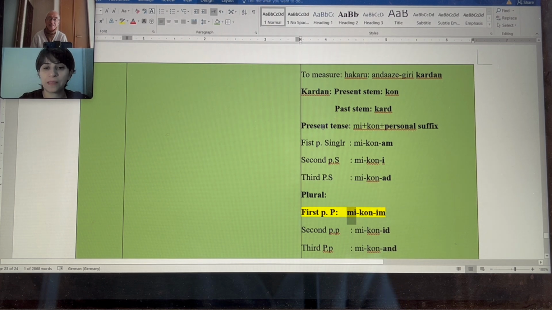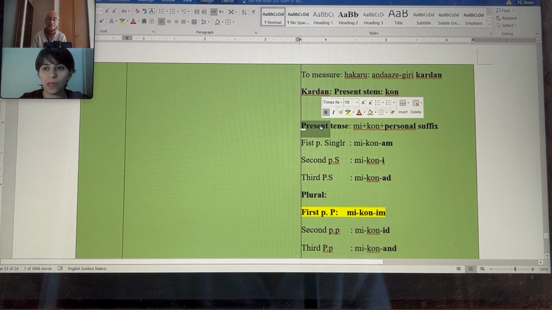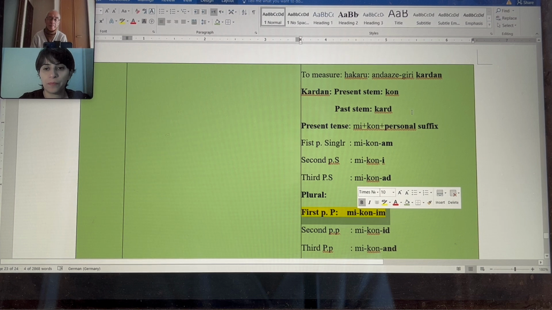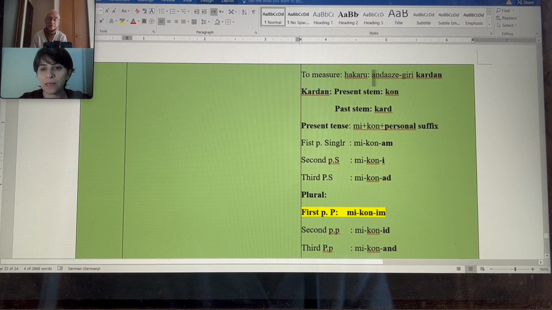This is the present. Ima no jikan. Right? Ima kara no jikan. So, mikonim. This andaze-giri kardan is the dictionary form. Jidoshi. Jidoshi, that's what you say.